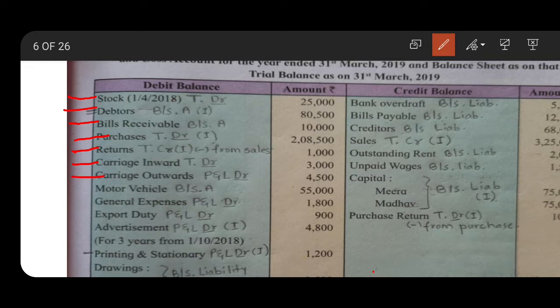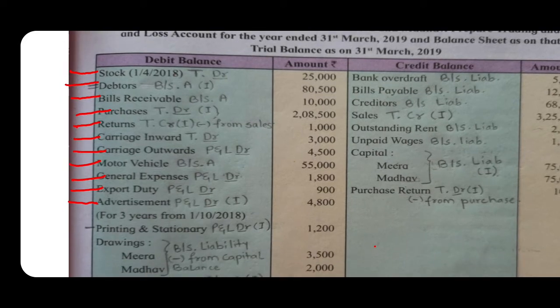Carriage outward, profit and loss account debit side. Motor vehicle, balance sheet asset side. General expenses, profit and loss debit side. Export duty, profit and loss account debit side.